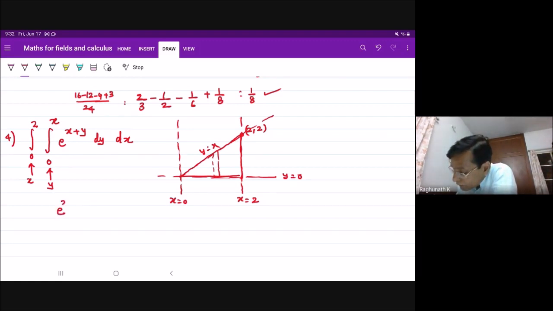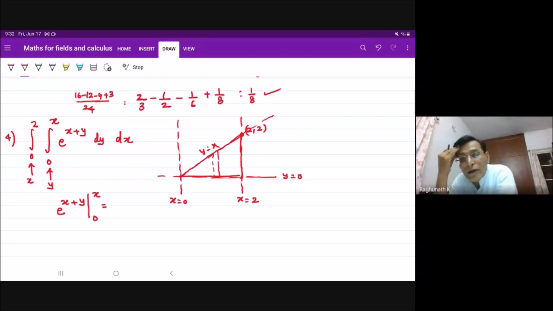e power x plus y from 0 to x is equal to, hey, integral of e power x plus y dy is e power x plus y only. Integral of e power x plus y with respect to y is e power x plus y.